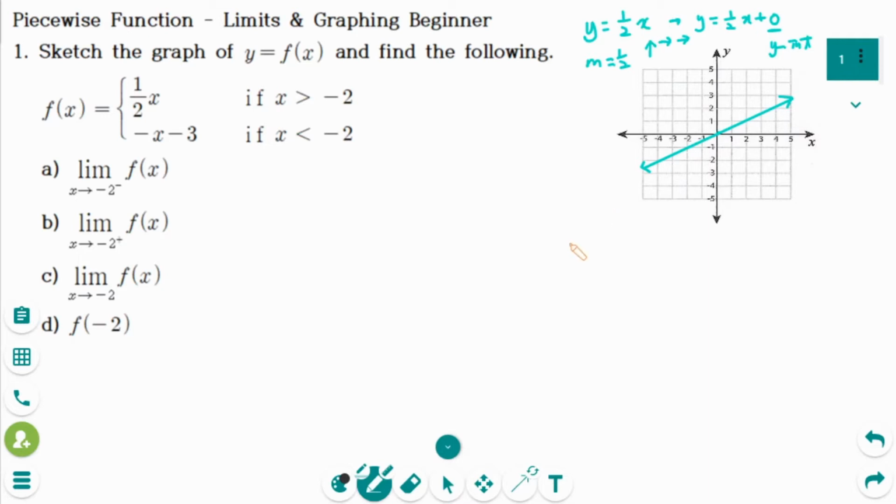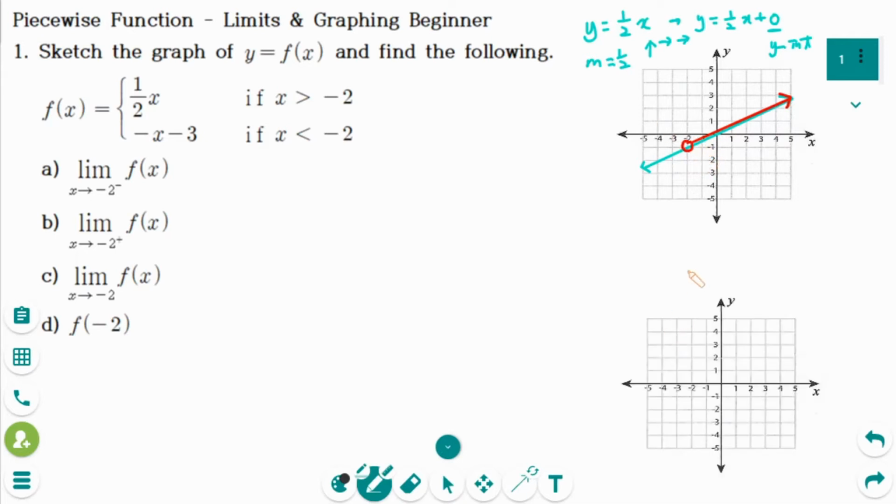Since the interval of the function is only for x greater than -2, we only graph this part and leave a hole at x = -2 because the interval does not include -2. The next graph is y = -x - 3.